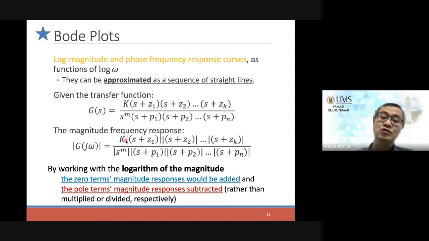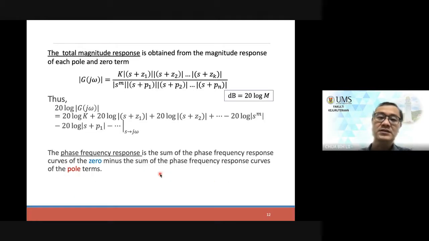So the upper part, we add them up, whereas the denominator side, we subtract. It gives us a simplified way to operate on the magnitude, which is advantageous: quite straightforward, just plus and minus.